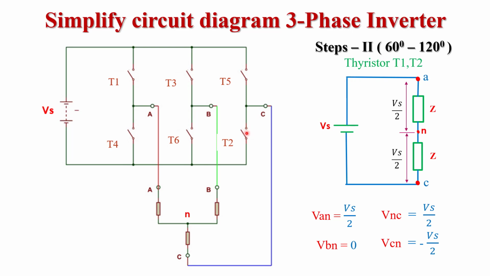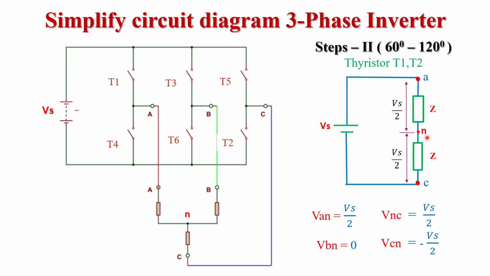Now the T2 thyristor is a negative group thyristor connected from phase C. So phase C is connected to the negative terminal of supply voltage. So in this way we got the simplified circuit diagram.